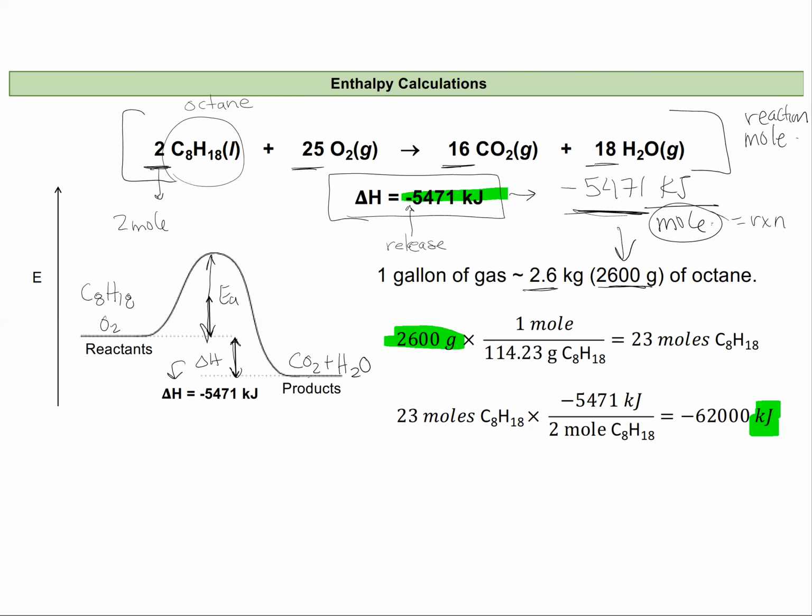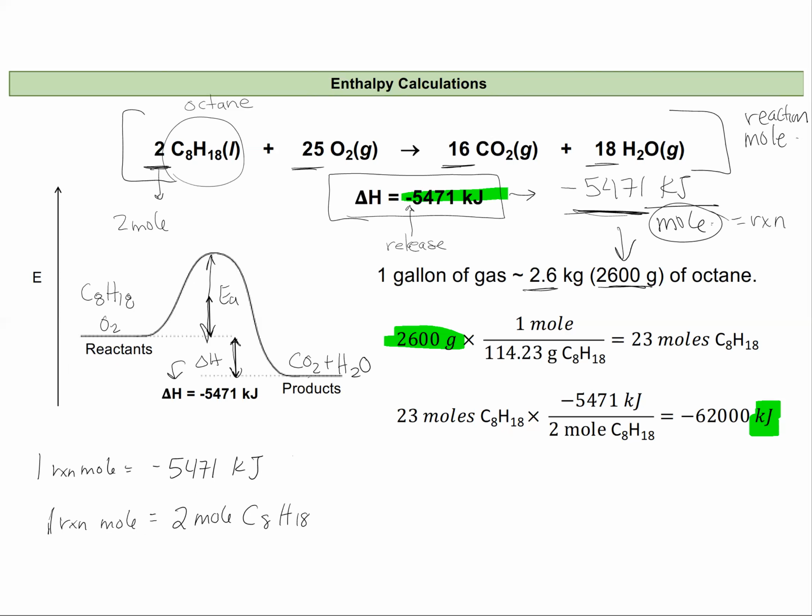So I can have these conversion factors: 1 reaction mole equals 5,471 kilojoules, and that's coming from my enthalpy. I also know that one reaction mole is going to require that 2 moles of my octane react.